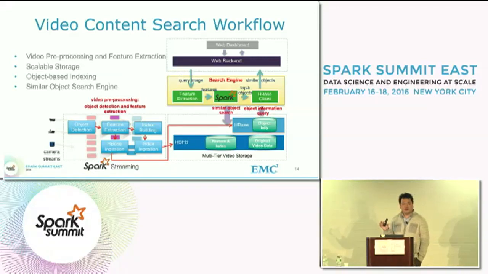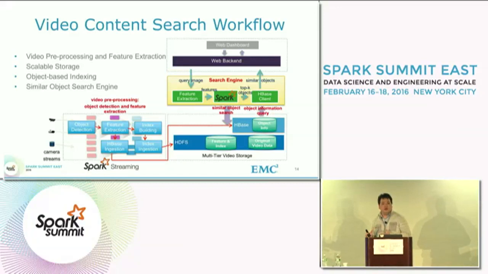The first thing to do is to extract the target object's features and then invoke Spark to look at the video storage and search for the top K objects that are most similar to the target object, as well as satisfy the filtering conditions on the object metadata. And then all the relevant metadata information of these top K similar objects will be retrieved from HBase and returned to the user.